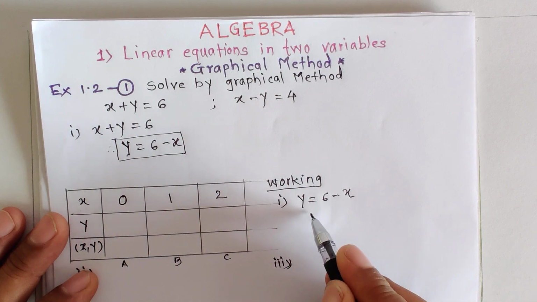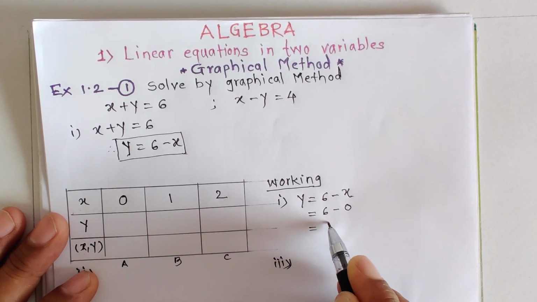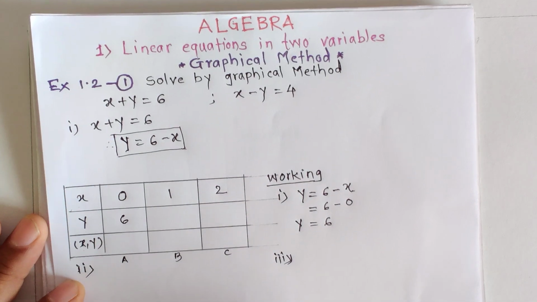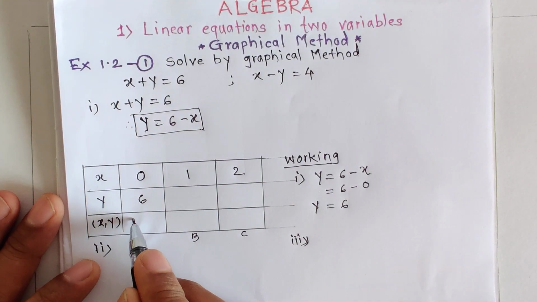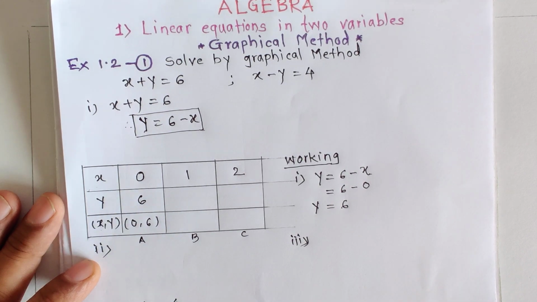This is the working. So 6 minus 0, we get 6. So y is equal to 6. So first point means coordinates of first point are 0 and 6. So coordinates of A are 0 and 6.